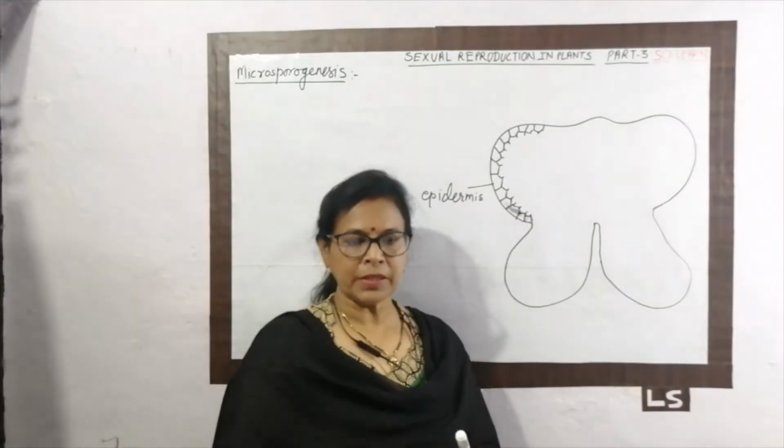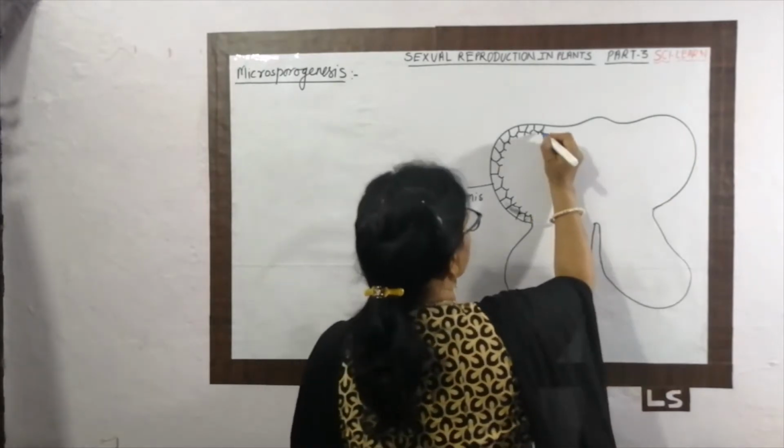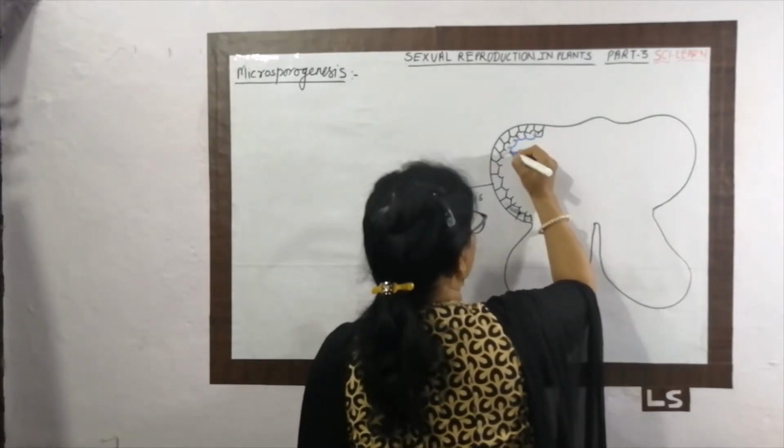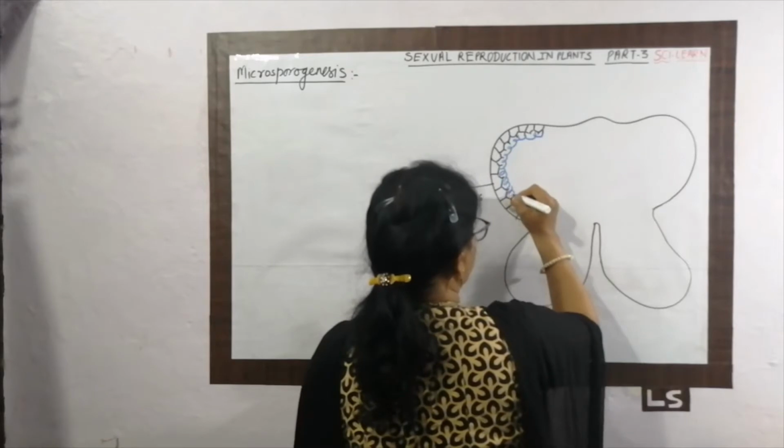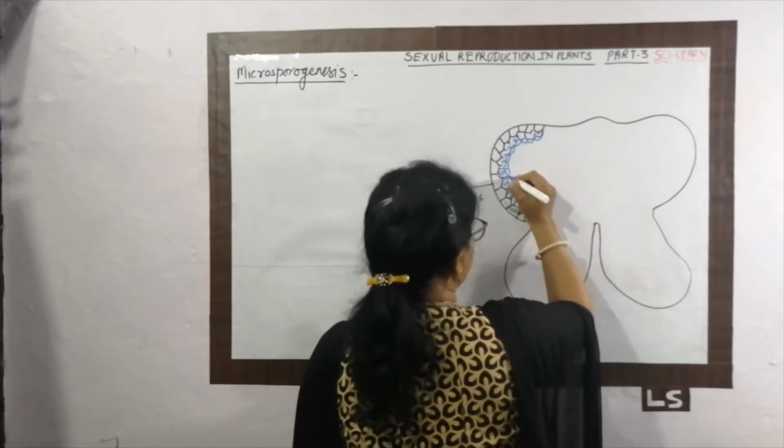After the epidermis, the second layer is called the endothecium. A few layers of the endothecium are there.